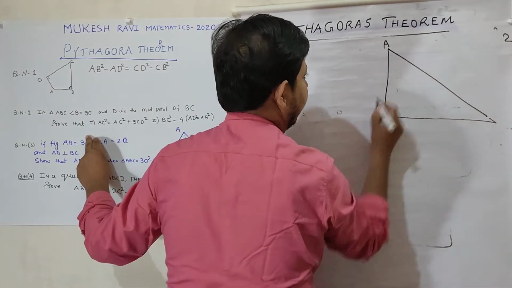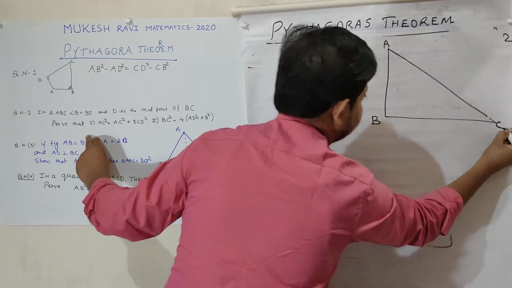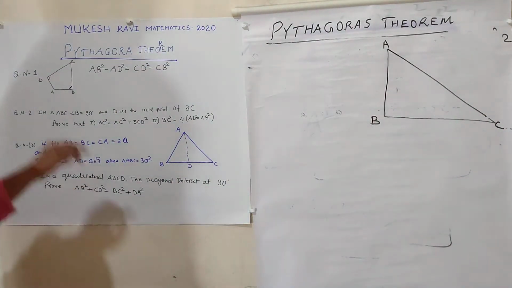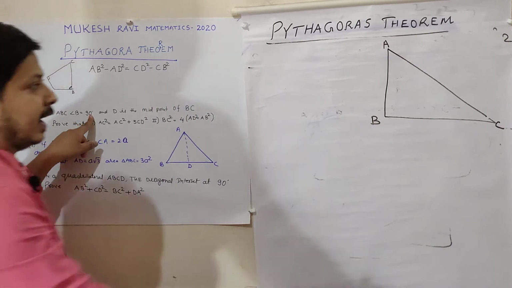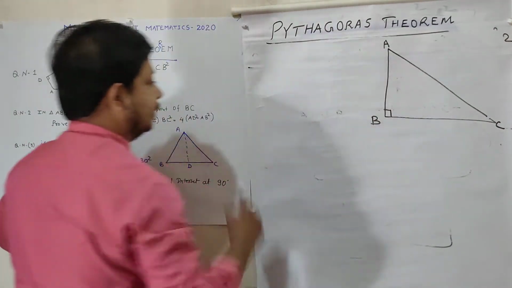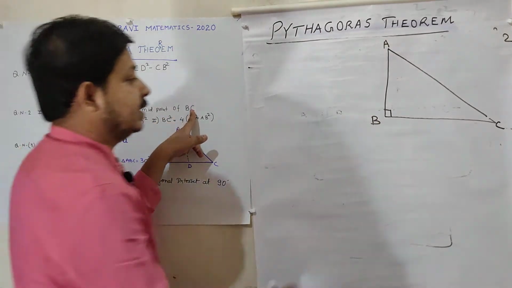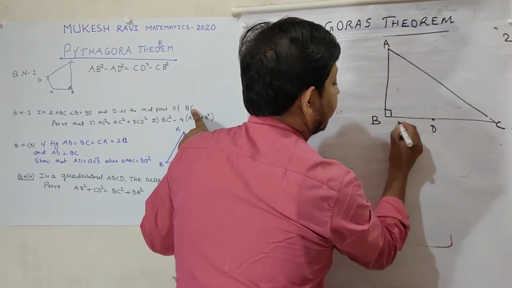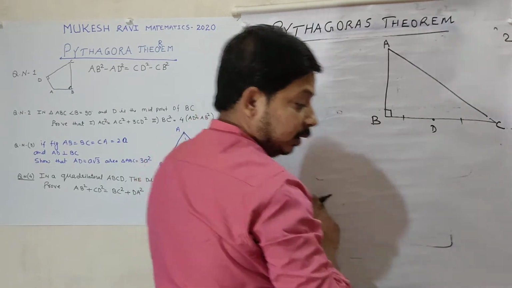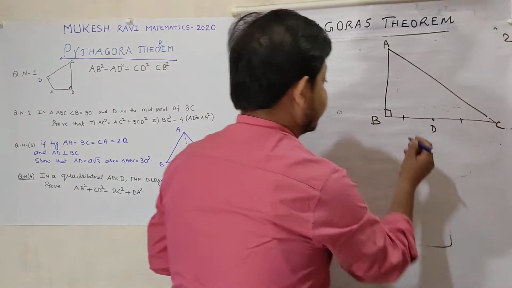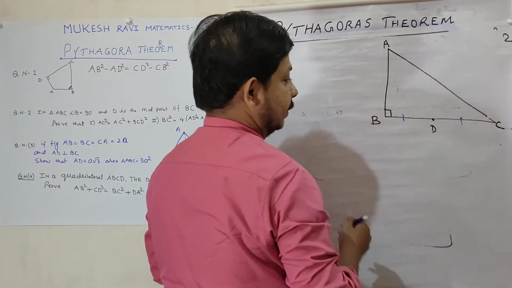Triangle ABC, where angle B is 90 degrees. Go with the statement: D is the midpoint of BC. Midpoint means this side is divided into two equal parts.